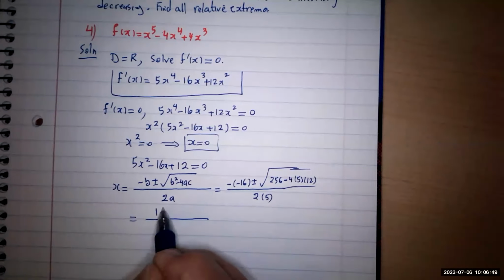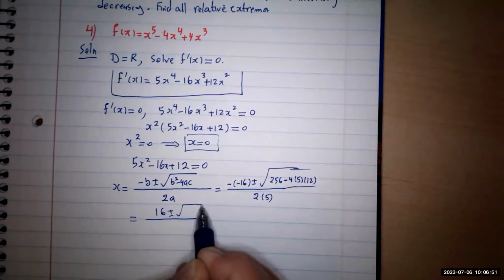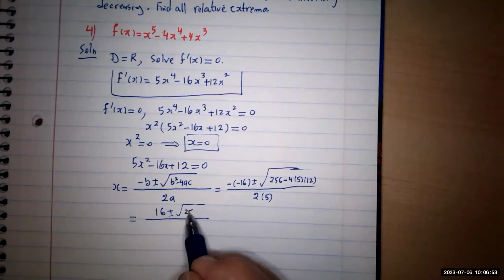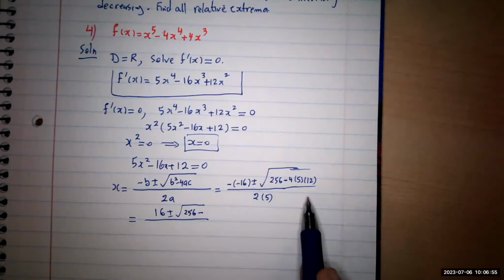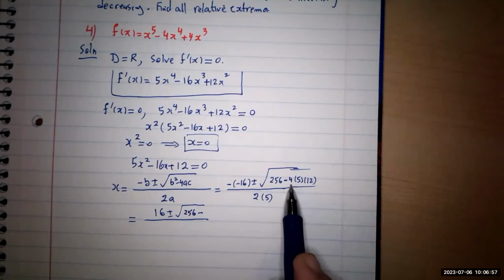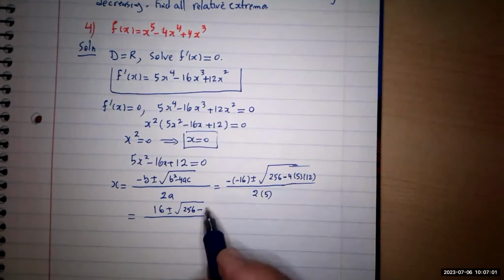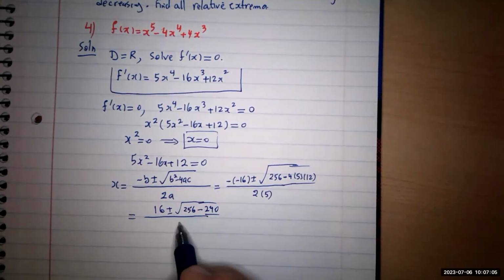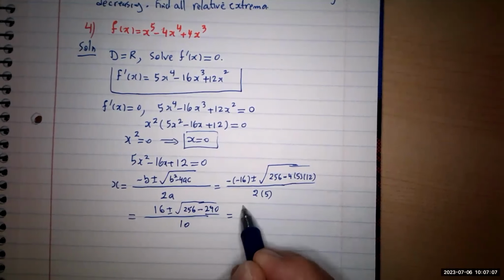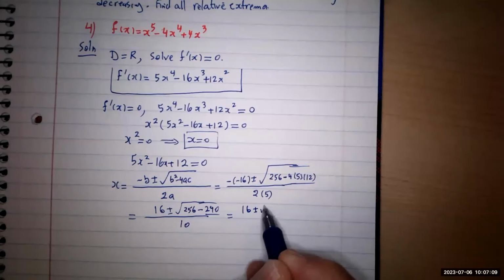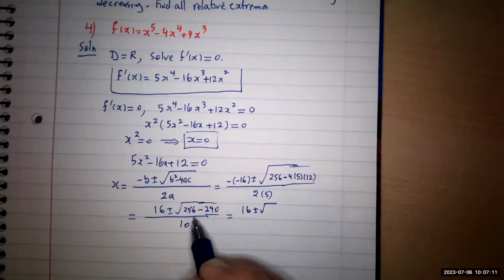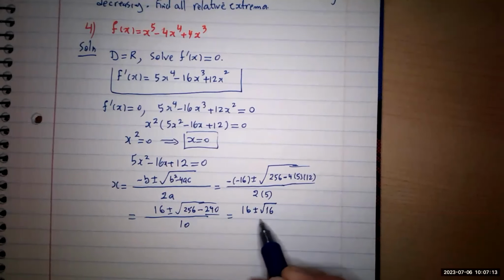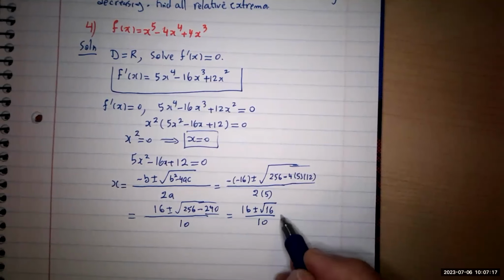That gives us a 16 plus or minus the square root of 256 minus, and this is going to be what? 4 times 5 would be 20. That gives 240, which is a nice number. Okay, so that gives 16 plus or minus the square root of 16, over 10. So that gives you 4.